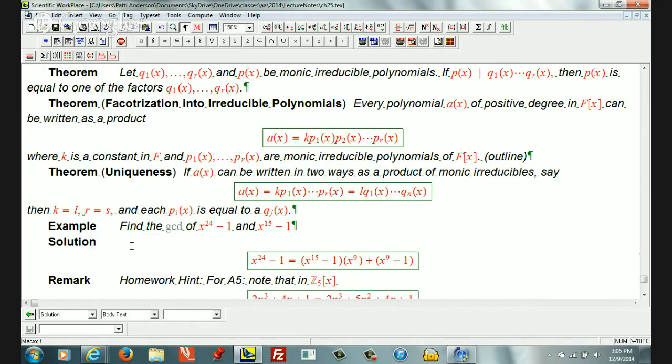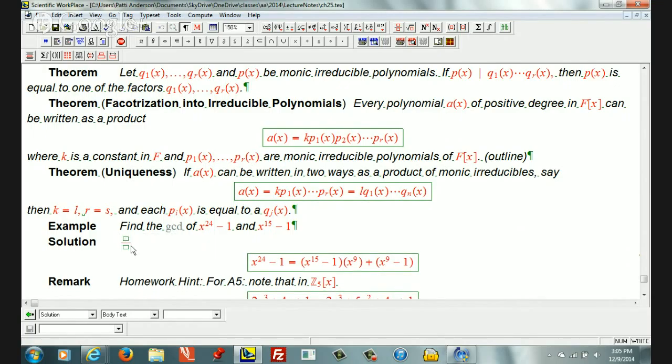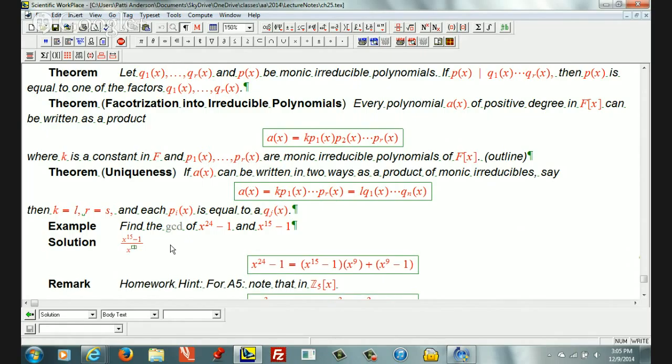Now we're going to repeat our calculation, but with x to the 15 minus 1 and x to the 9 minus 1. There are not too many steps.